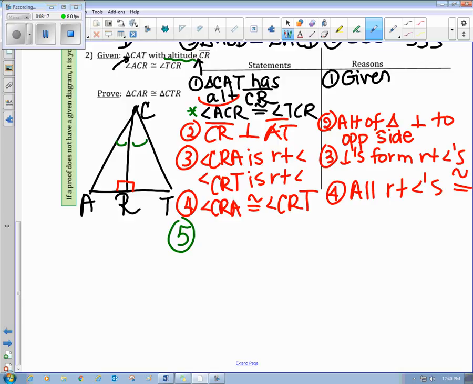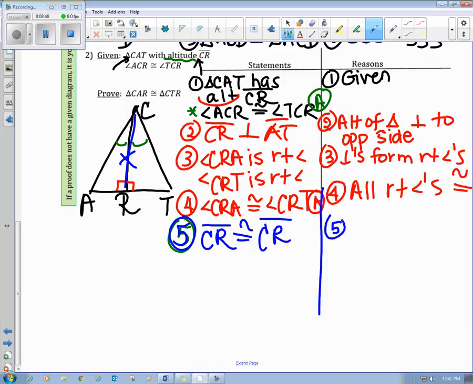Gives me a set of angles that are congruent. Remember, the right angles were a set of angles that were congruent. And I'm looking for one other piece of information, which I'm sure most of you right now see, that we have reflexive through the middle. So I'm going to say CR is congruent to CR.